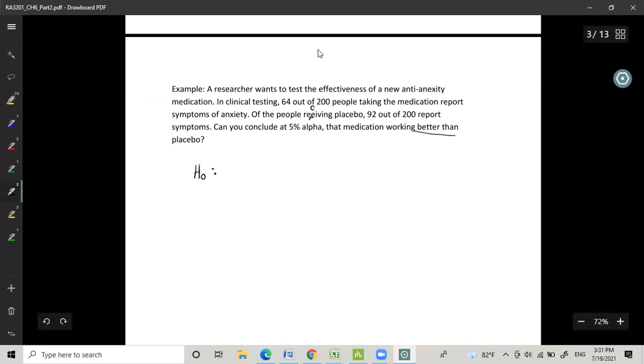Let's name them P1 and P2. If you want, you can use PA, PB, things like that. So let's say P1 is for the medication group and P2 is the placebo group.